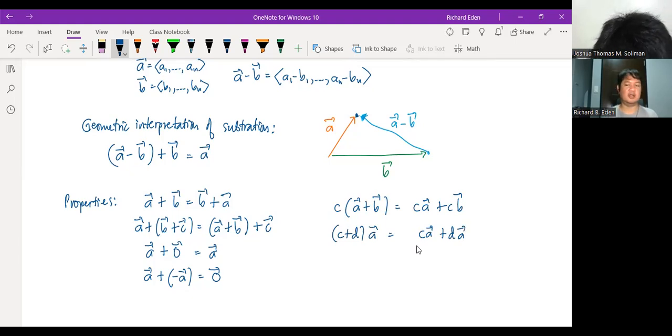And then for scalar multiplication, let's say CD multiplied to A is no different from multiplying the scalar D to A first and then afterwards C, or multiplying the scalar C to A first and then afterwards D. And then some of the most difficult to remember properties: the scalar 1 times the vector A is the vector A.